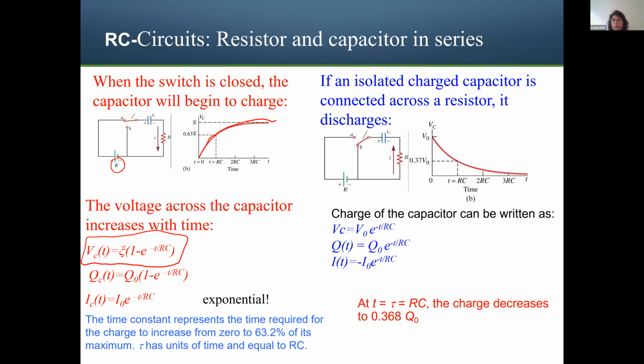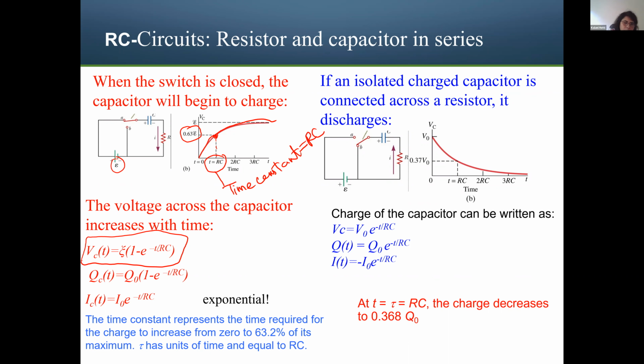Okay, so if you plot this and take 0.63 times the voltage of the battery, and take the time at that point, we call that the time constant. This is called the time constant. The time constant is equal to R times C, basically. Why is that?